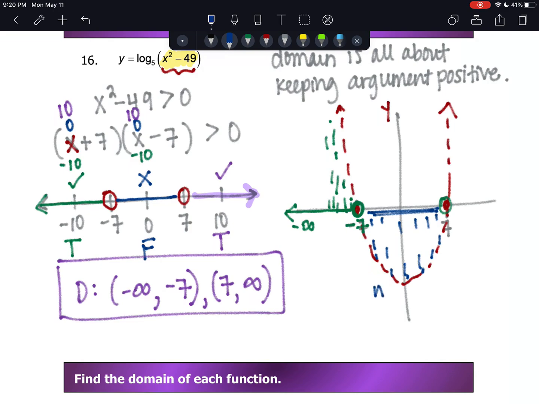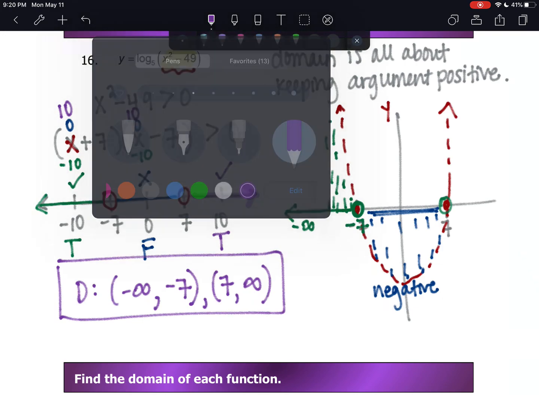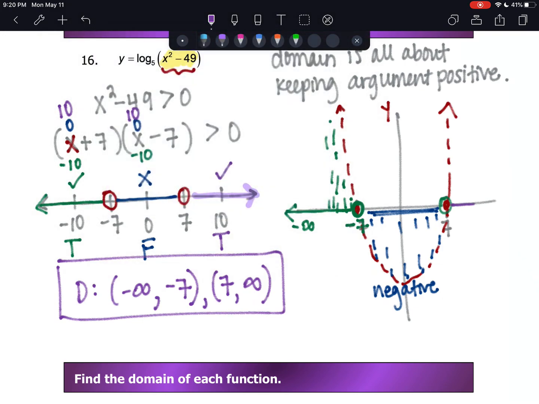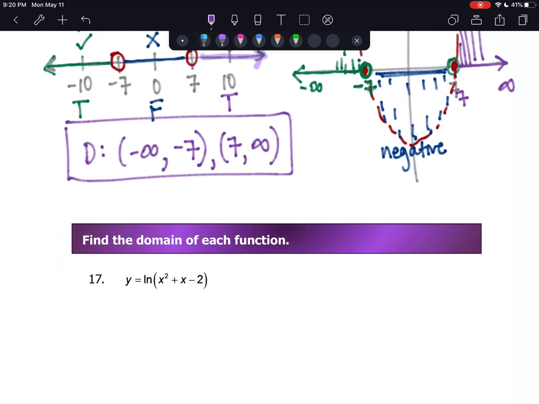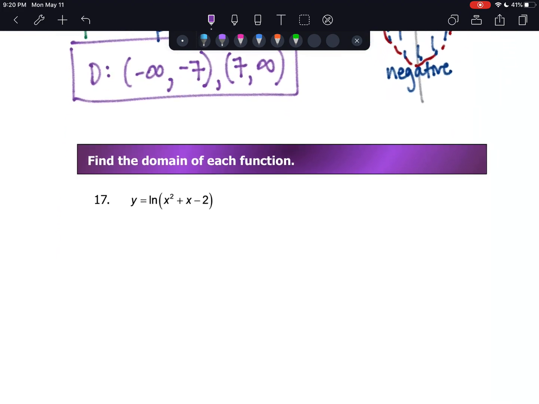And negative numbers are not greater than 0. But then, picking up over here to the right of 7, we've got positive outputs again. So that gives us our 7 to infinity, which is what we've written here, and it works.